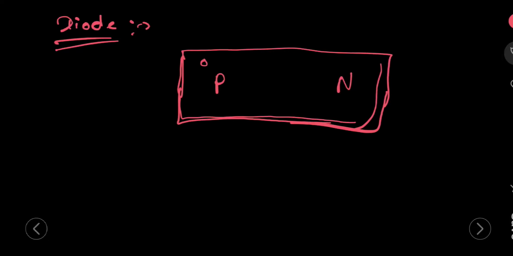In P type, majority carriers are holes, and a small amount of electrons are also there. In N type, electrons are the majority carriers and holes are minority. At zero bias, carriers will diffuse from here and move across, trying to neutralize each other.